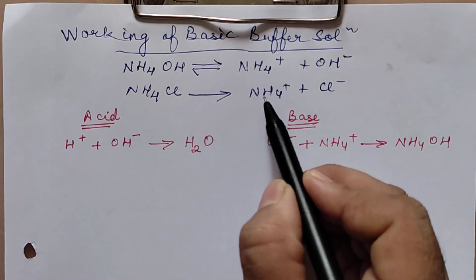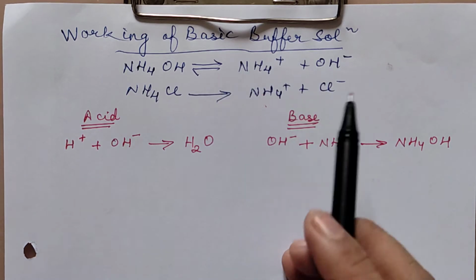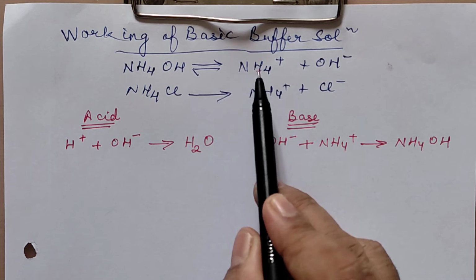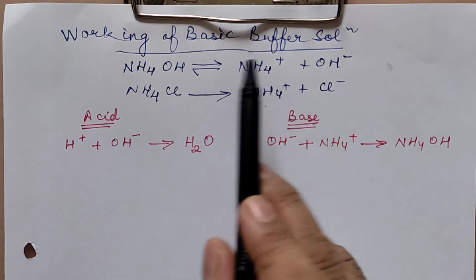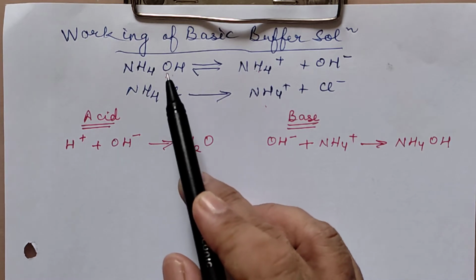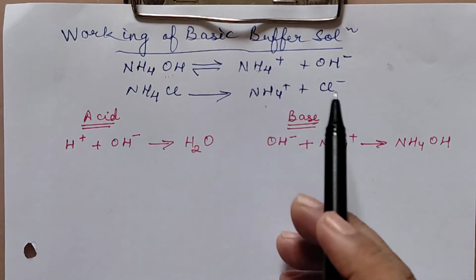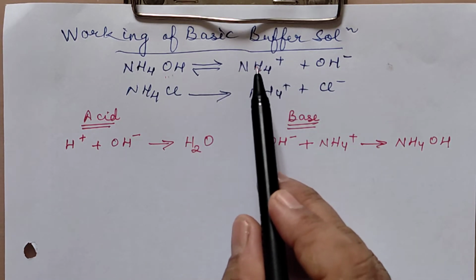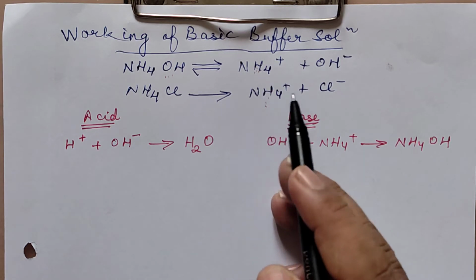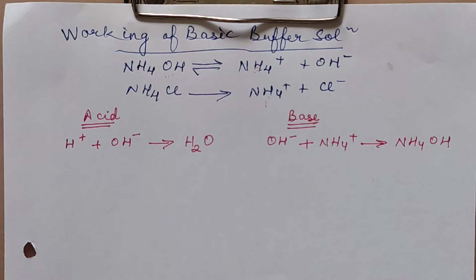And moreover, as more ammonium ion combines with it, its concentration decreases, so more should be formed. As per Le Chatelier's principle, its ionization should increase. Let it increase, the ammonium ion formed will be reacting, and that will not affect the pH to a greater extent, because ammonium hydroxide is a weak base. So it is not going to change the pH of the solution.